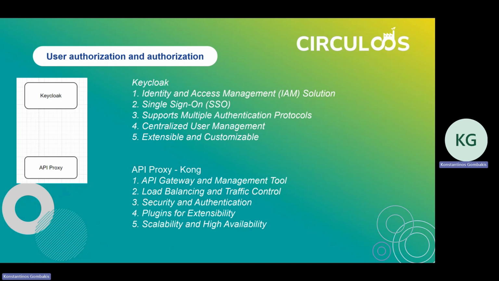And a very key component of ours: we have utilized Keycloak and an API proxy, Kong, in this process in order to have identity and access management. So only registered users can speak to the platform, and with Kong we can specify who has access to what data. So no one has access to all the data on the platform unless we give them that capability.